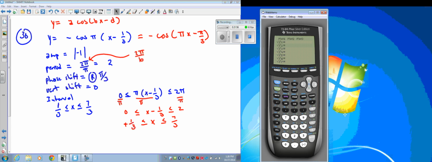I have to put the negative cosine, then pi, then a bracket x, and then minus 1 divided by 3.